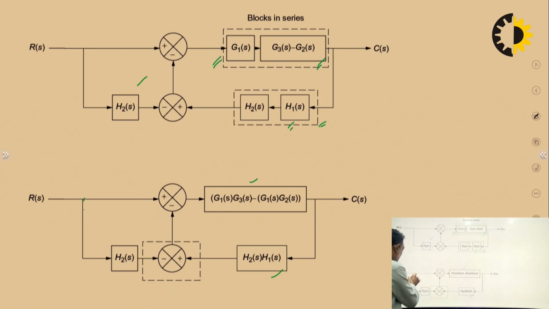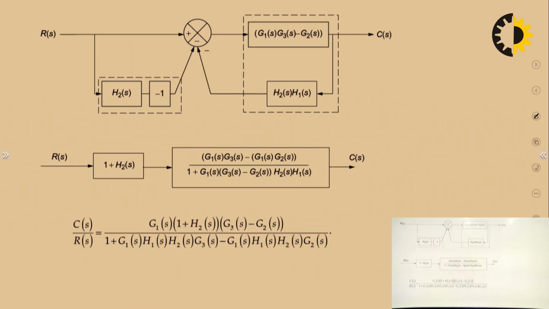If we move from here to here, you can see a minus sign comes over here and a minus sign comes over here, so it will become positive. And if you come from here to here, plus and minus, so the overall sign will become minus. So we will write this summing point like this.